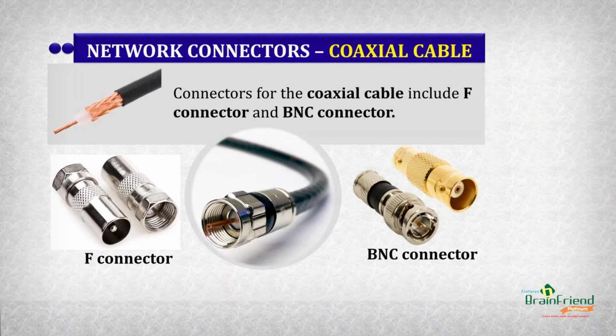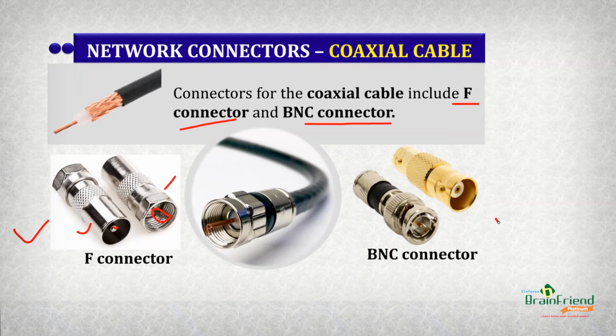So let's start with the coaxial cable. Network connectors for the coaxial cable include the F connector and the BNC connector. This is a typical example of an F connector. So over here is the male F connector, which has a pin, and this is the female F connector, which has a hole that accepts the pin of the male connector.